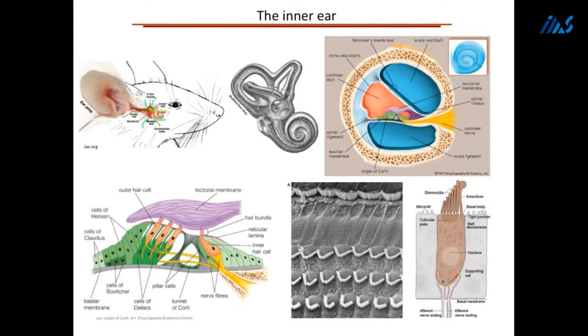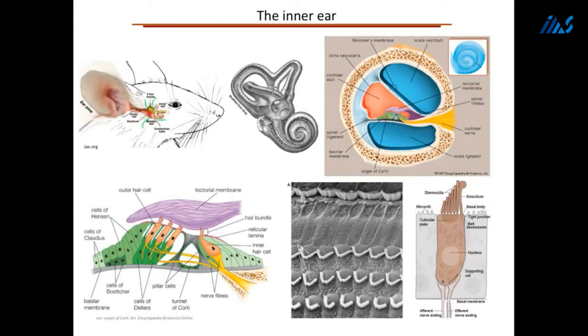Now, the organ of Corti is rather complicated, but the important cells are these outer hair cells, which are present in 3 rows, which extend from the base of the cochlea all the way to the tip, and inner hair cells in a single row, which similarly extend from the base to the tip.